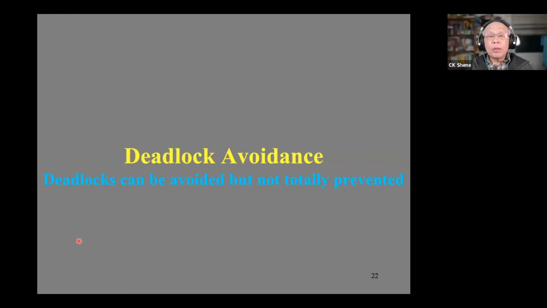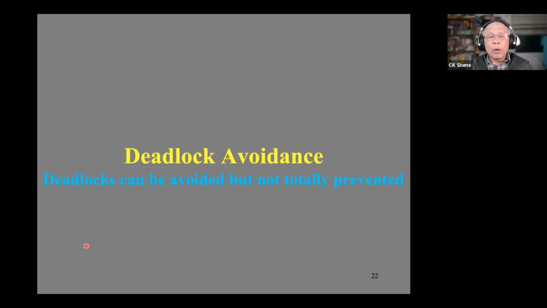So in this second lecture, we talk about deadlock avoidance. What does that mean by deadlock avoidance? It means we do not deal with hold and wait and circular waiting directly. Instead, we design a central algorithm.